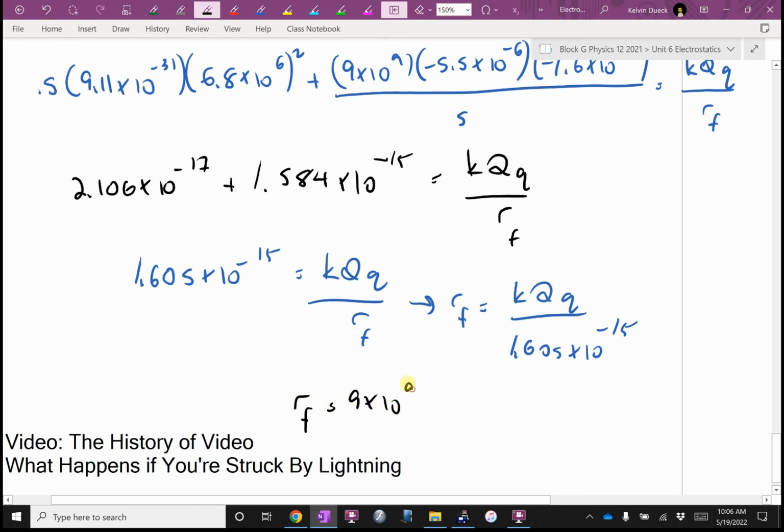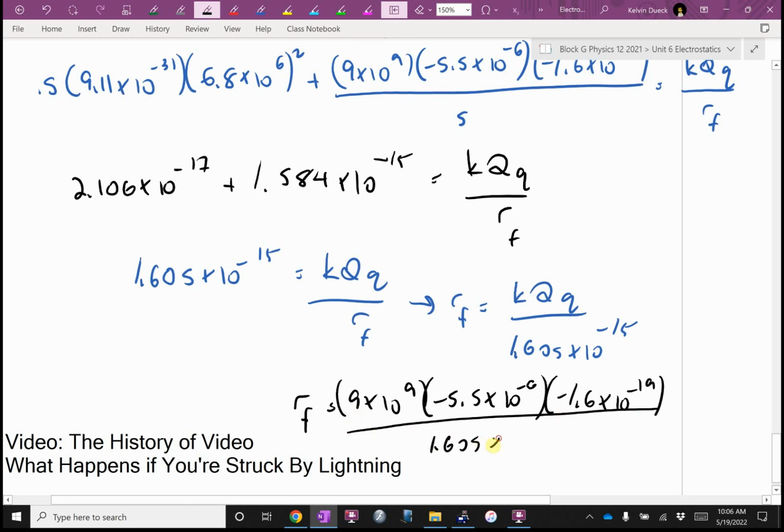9 times 10 to the 9th, negative 5.5 microcoulombs, negative 1.6 times 10 to the negative 19 coulombs, divided by 1.605 times 10 to the negative 15.